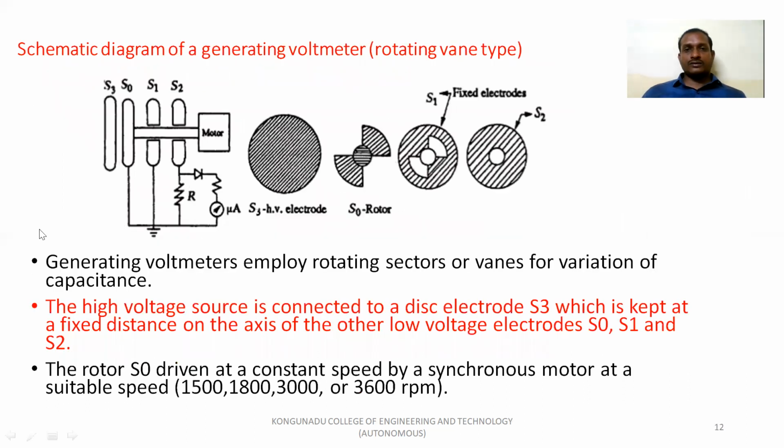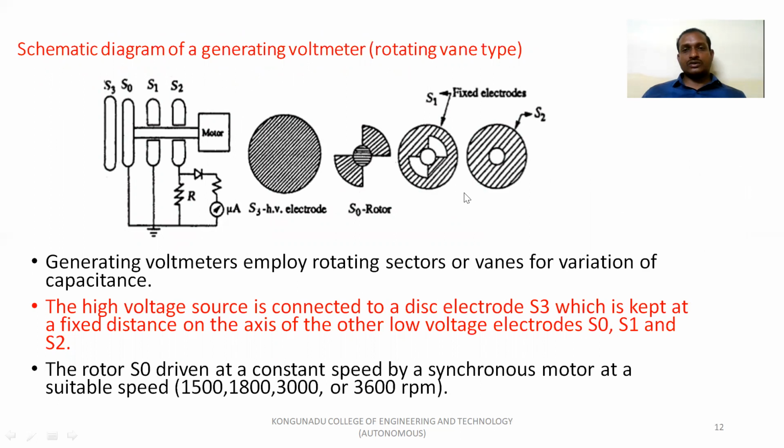Next, this is the schematic diagram. As already discussed, it consists of two fixed field electrodes S1 and S2, and a rotating rotor. This is S3, the HV electrode. Generating voltmeters employ rotating sectors or vanes for the variation of capacitance.